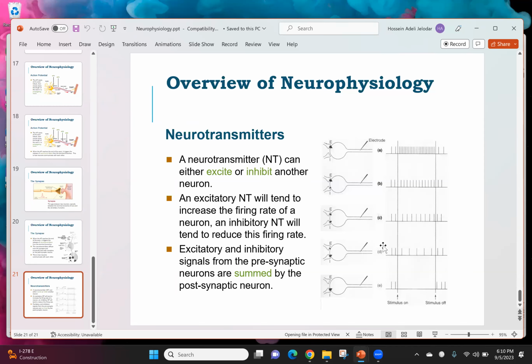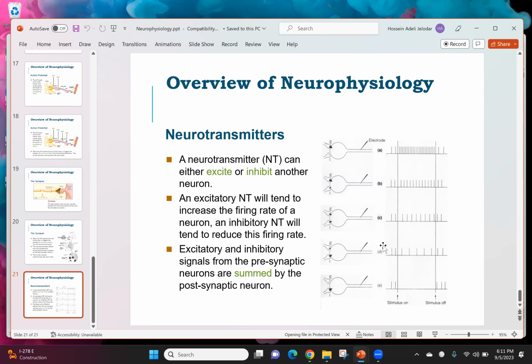So what makes a presynaptic neuron excitatory versus inhibitory? What's different between an excitatory versus inhibitory presynaptic cell? That's the impact it has on the postsynaptic cell.